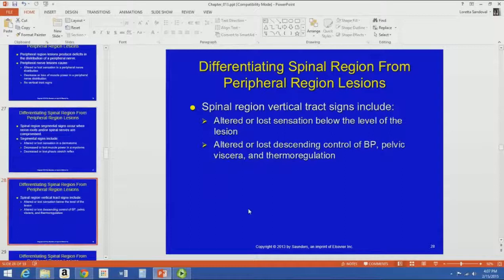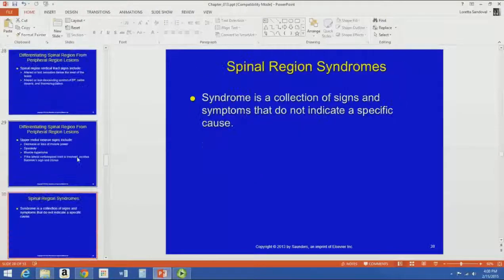Vertical tract signs, on the other hand, you lose sensation or motor control below the level of the lesion. And you also get autonomic effects: loss of control of blood pressure, pelvic viscera, or thermoregulation.